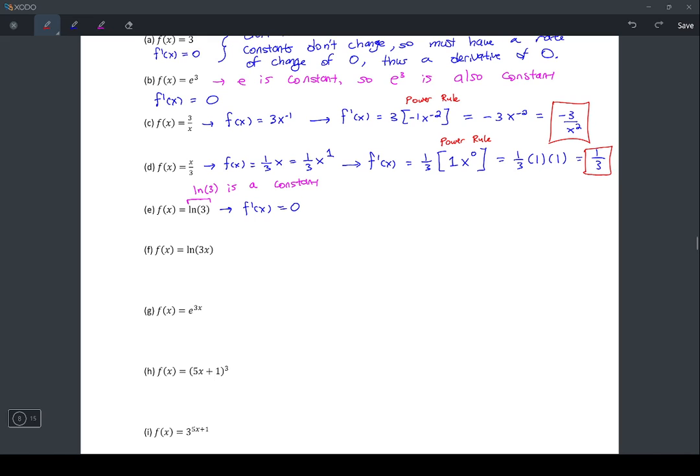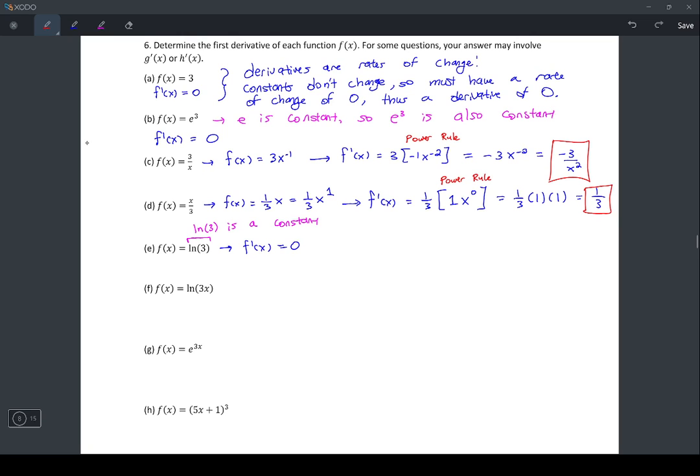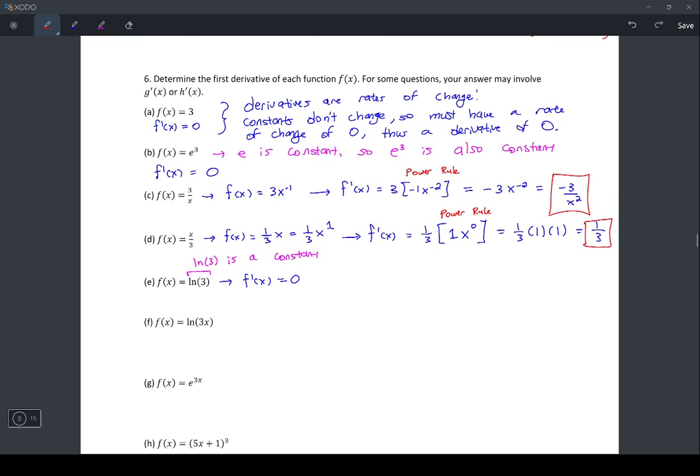Okay, now the next problem is where we have to use a special rule. And I should write down some of the special rules that are being used. So for the first two, the rule was that the derivative, d by dx, of a constant equals 0. The next rule was the power rule, which we used for these two examples.